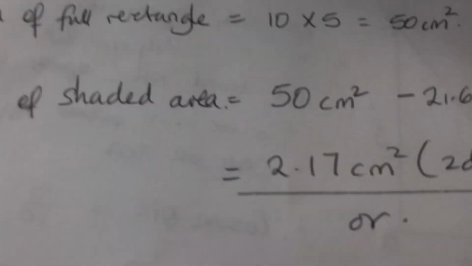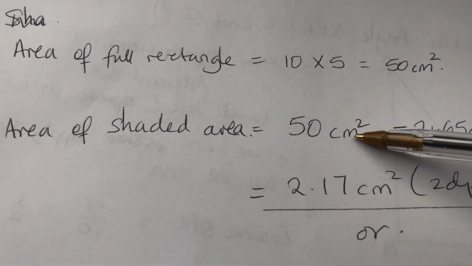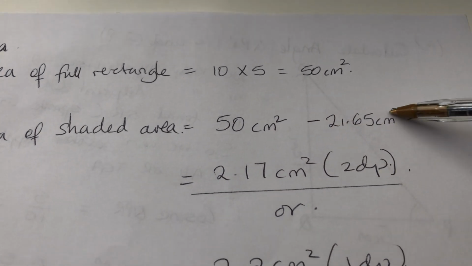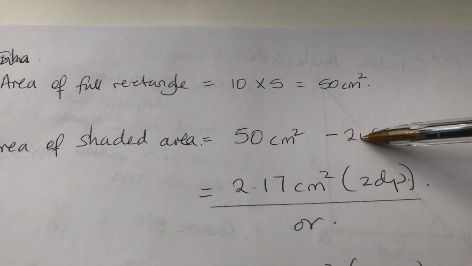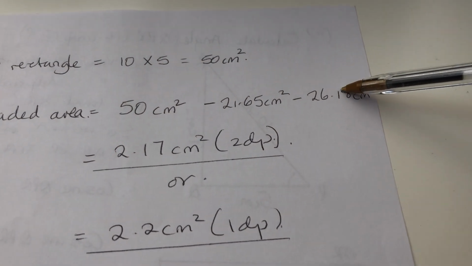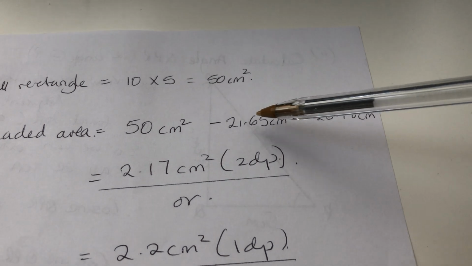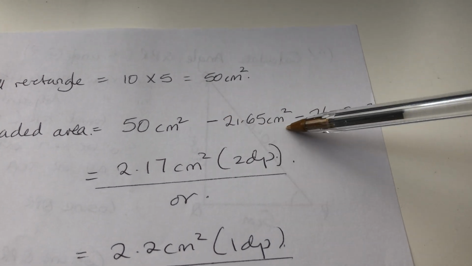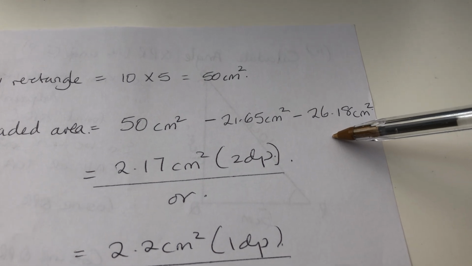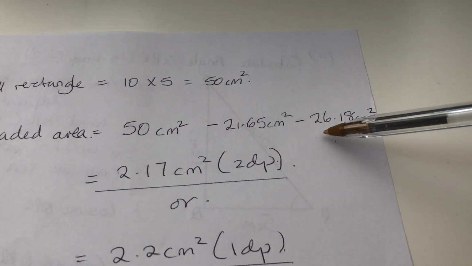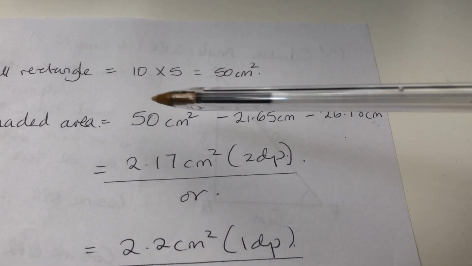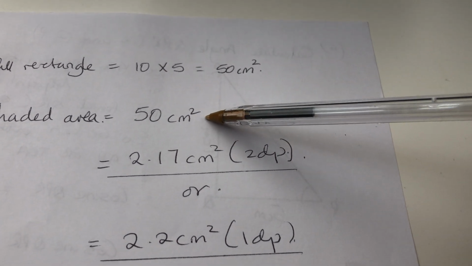So the area of the rectangle here is 50 centimeters squared, minus the area of the triangle, and then minus the area of the arc. Okay, the area of the triangle, 21.65 centimeters squared, minus 26.18 centimeters squared. This is centimeters squared, not centimeters.